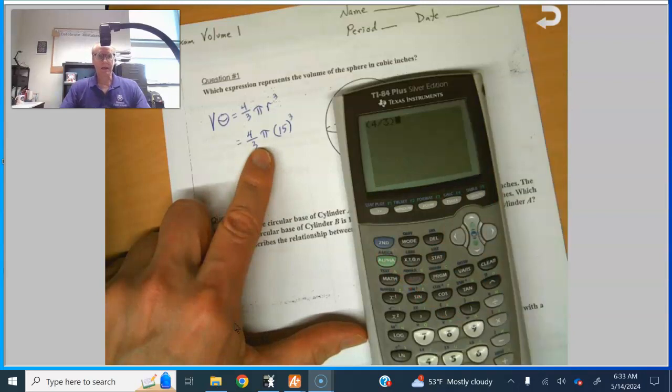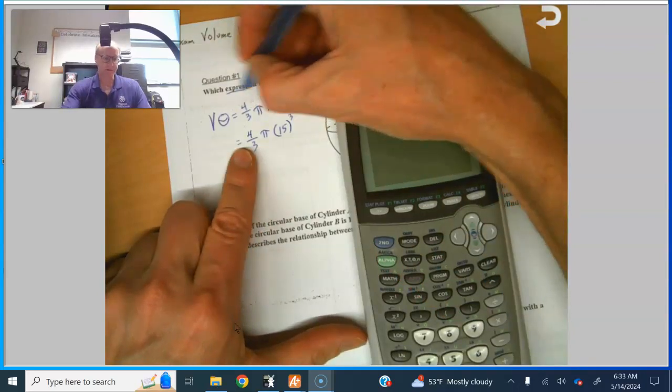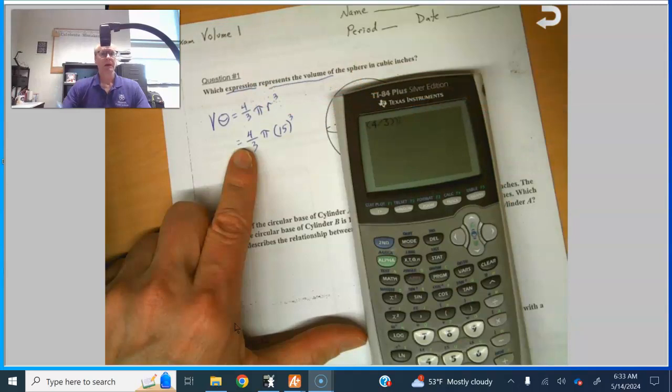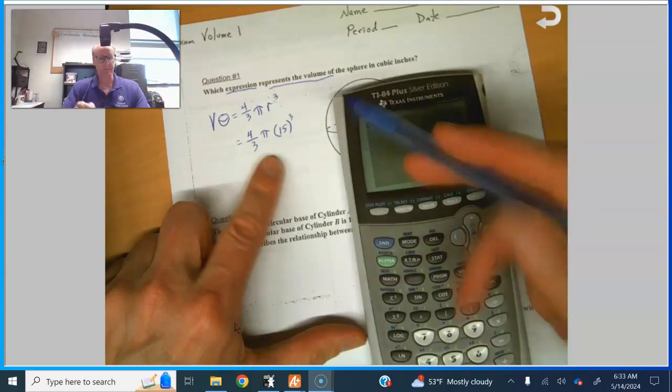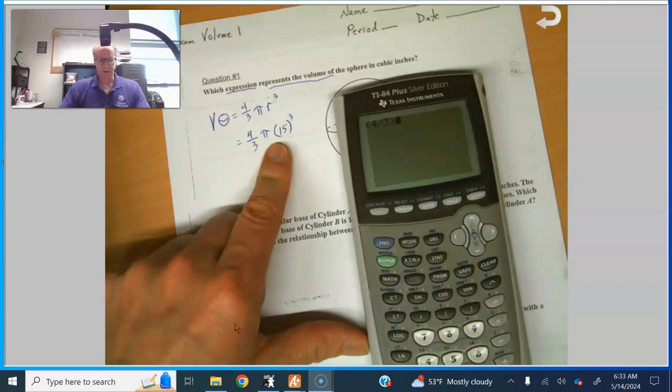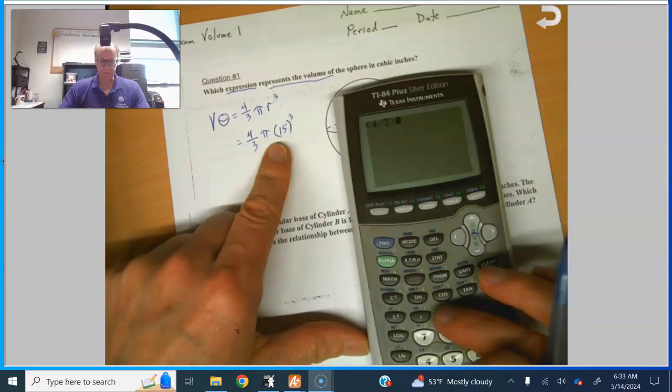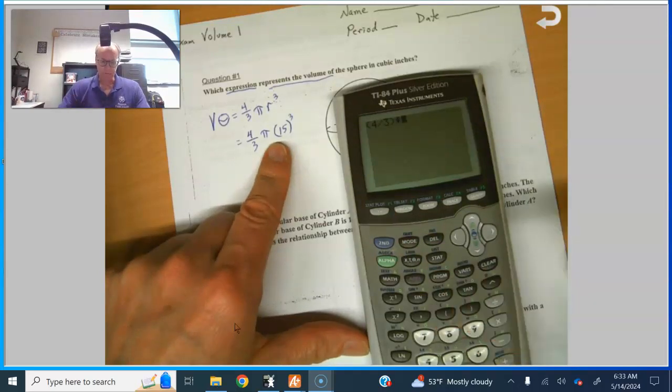Now, a lot of times when they say an expression that represents the volume, they might want the exact volume, in which case we don't put the pi in. We leave the pi as a symbol, and then we put in the 15 cubed. So I'm going to multiply this by, and I'll put times, even though you don't need to, raised to the third power.